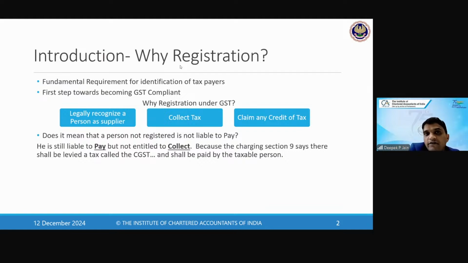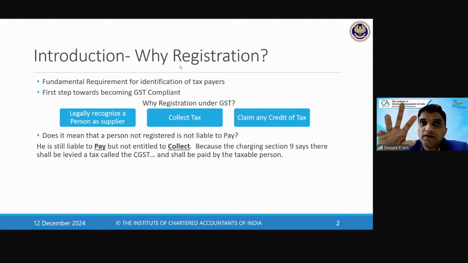Similarly, if you are not registered, you will not pay. Only if you're registered, you'll pay. Correct? So that's the reason that a person who is registered will always display that he's registered and he will collect it.